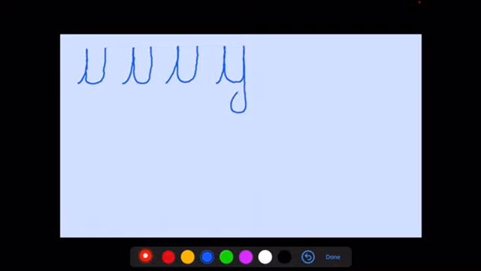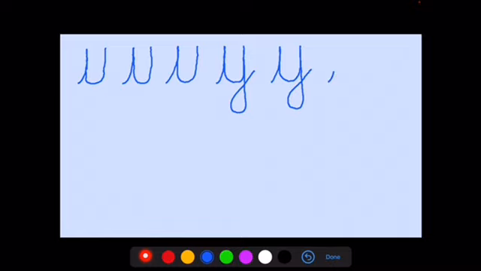Add a curl under and follow that line through. Lead in, up, down, curl under, up again until they're the same size, down over the top. Keep going. Curl under the other way and slope up.